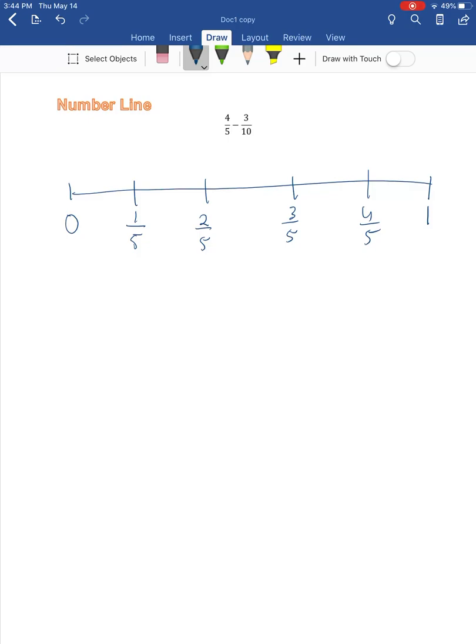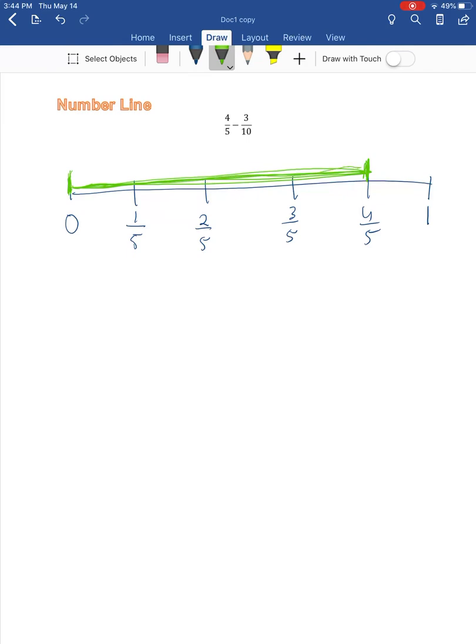And then the 1 is the 5/5. To show our 4/5, we're going to color in or draw another number line to show the section that is the 4/5. From the 4/5, we want to take away 3/10 of it.